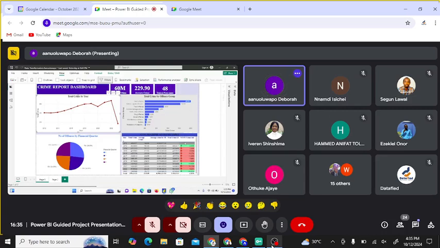And on the table, any arrow that is green shows the least crime for the year, while the arrow that is red rather shows the crime increased for the year. That's all I have to present, sir.